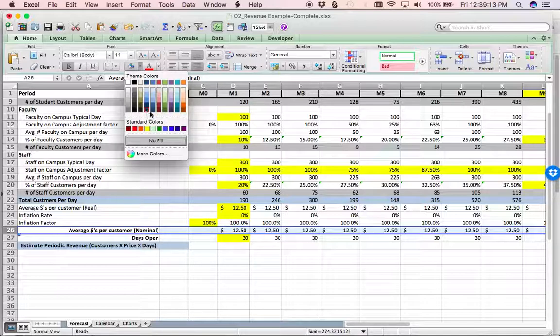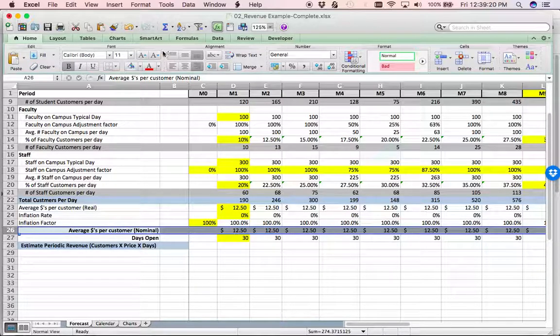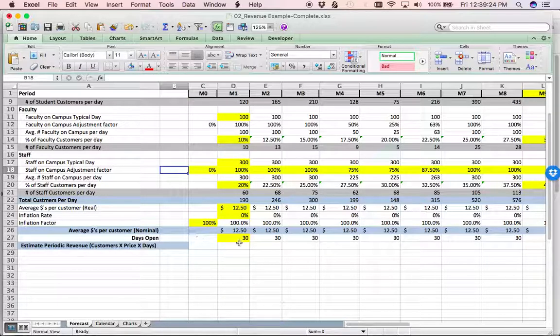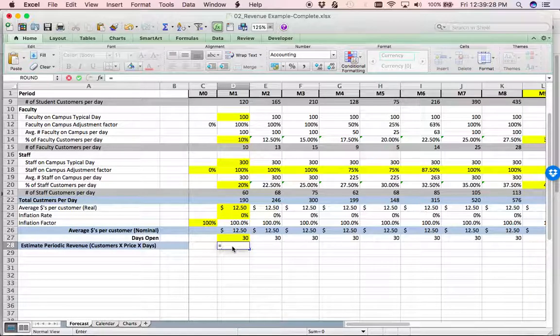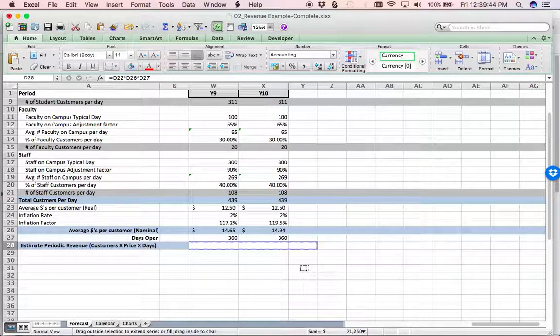I'm not going to do the other one because, first of all, it's pretty simple, but also because I don't want to blow away the highlighting of the yellow here. All right. So again, it's just equal to total number of customers times nominal price times number of days per period. So that comes up with what our revenue estimate will be. And that's formula driven. We can just carry it all the way out.